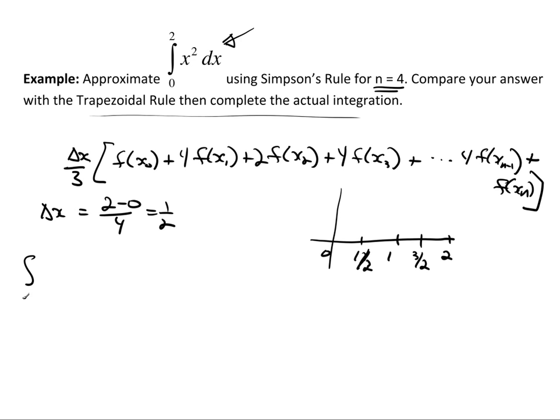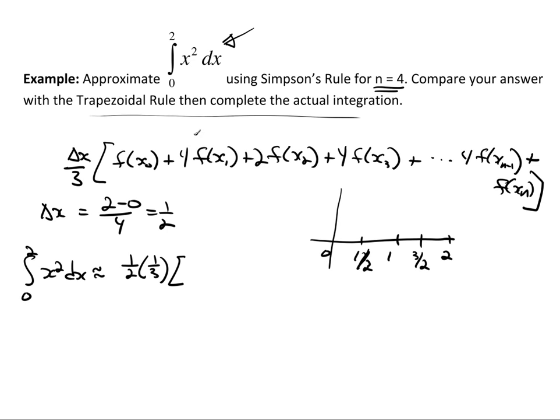So this integral from 0 to 2 of x squared dx is approximately equal to delta x over 3, that's 1/2 times 1/3, times f of x naught.